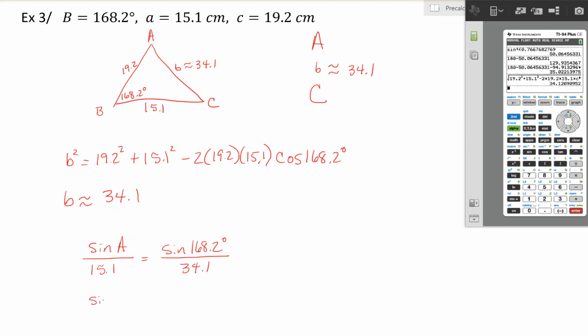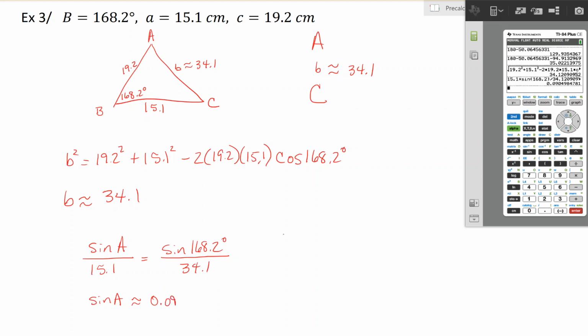So sine of A is equal to 15.1 times the sine of 168.2, close your parenthesis, and divide that by the 34.1. Use that number in your calculator. So I'm getting about 0.09.